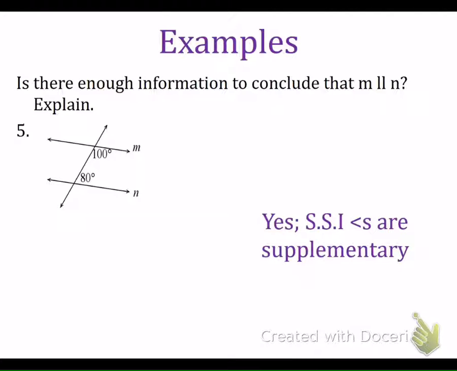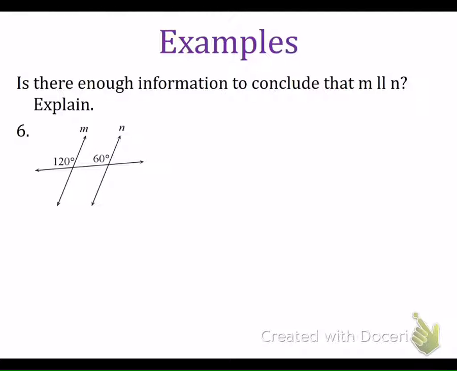Perfect. So yes, there's enough information. What angles are we looking at? We're looking at same side interiors, and they are related to each other in the fact that they are supplementary. Same directions: are M and N parallel? I heard a no. Does anyone want to defend or disagree?